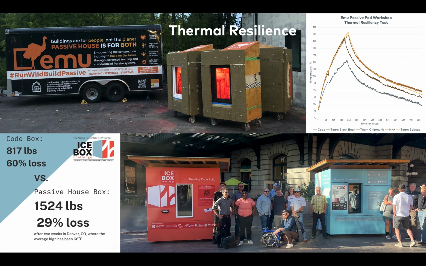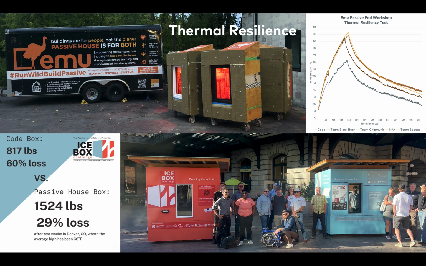And these boxes that you see next to our black EMU trailer are the passive pods that we designed to teach builders about different passive building construction techniques for both commercial and residential buildings.